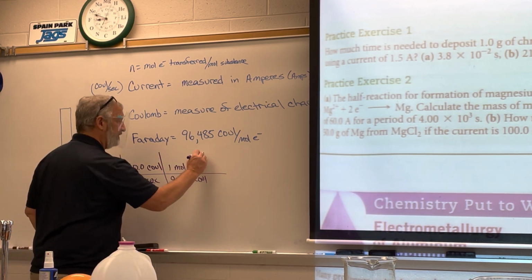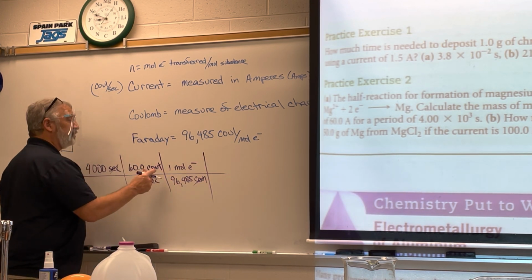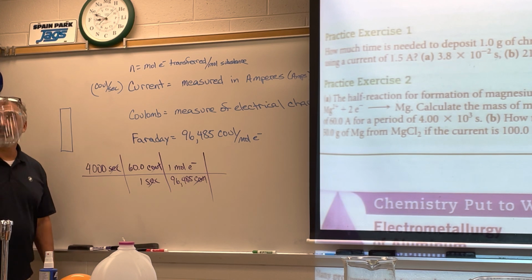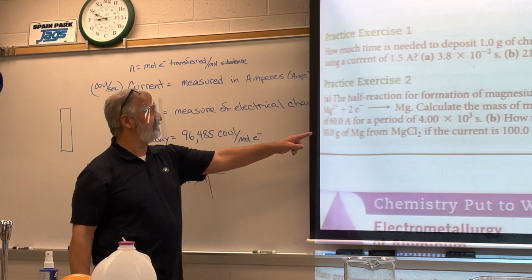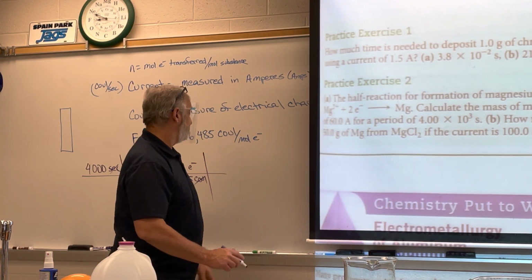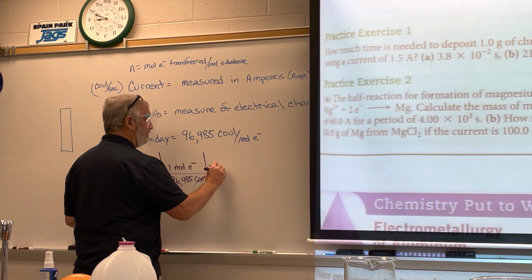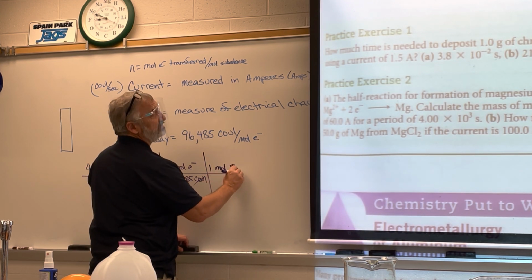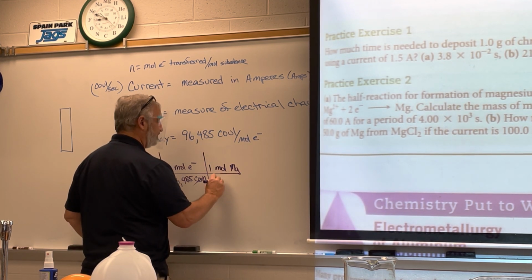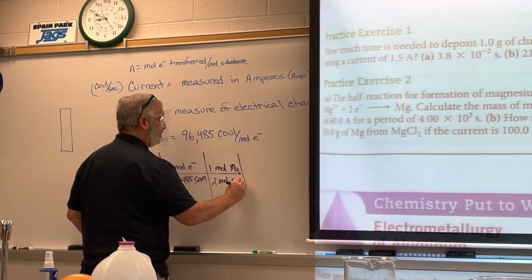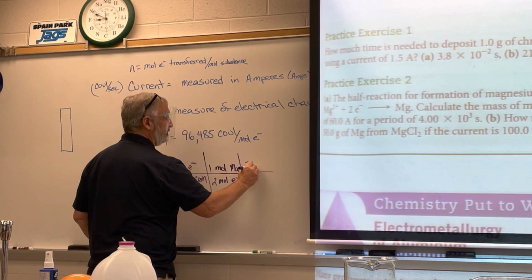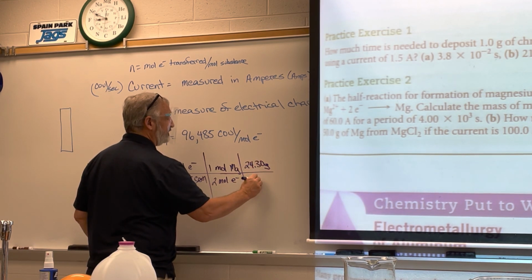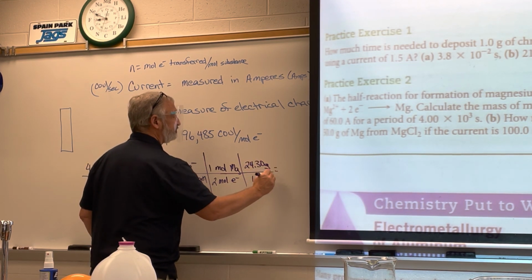Now coulombs cancel, so I have moles of electrons, so now what do I use? N, which for this one is going to be what? 2. And it even tells you right there with that 2. Okay? So it's going to be 1 mole of magnesium for every 2 moles of electrons, and then to go to grams, 24.3 grams over 1 mole.